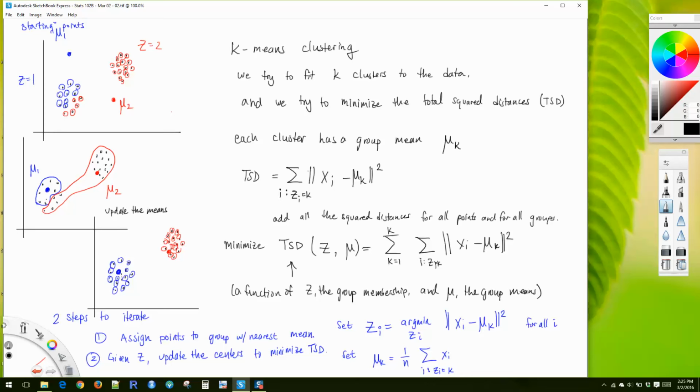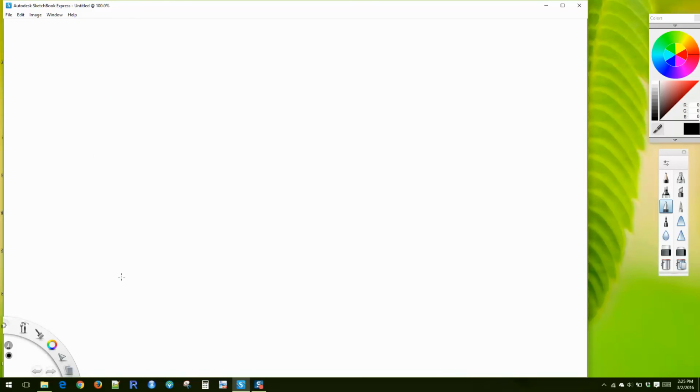Okay? So this is an EM type algorithm because there is a quote E step. Well, actually, I think our M step came first, but basically, you're just iterating between 2 steps.